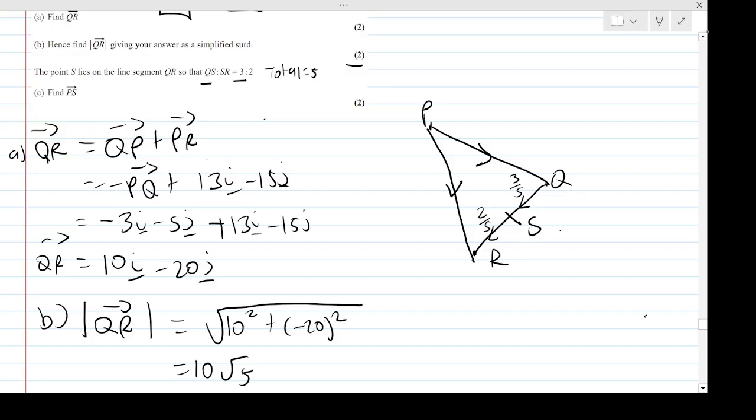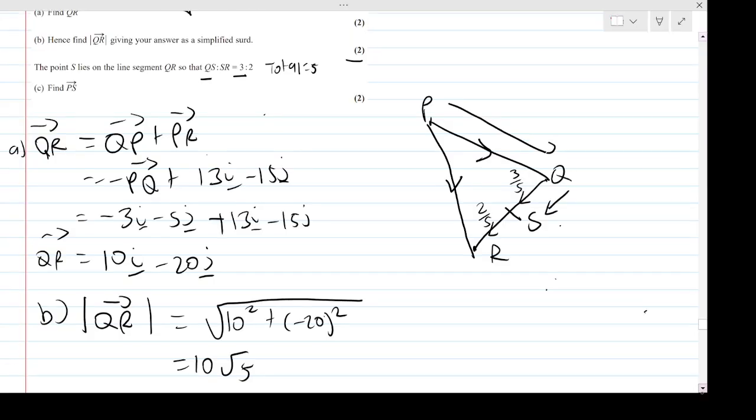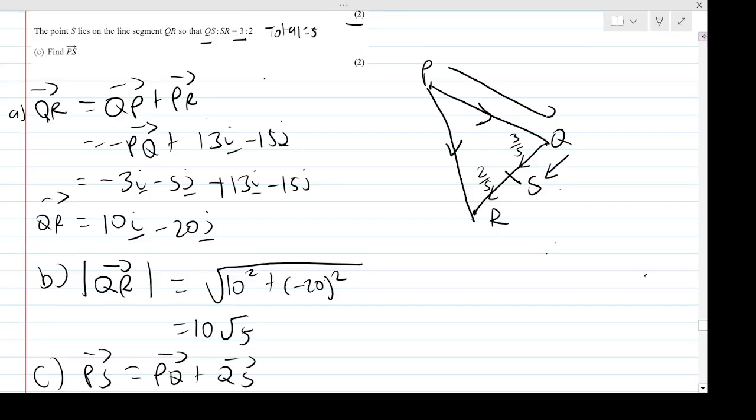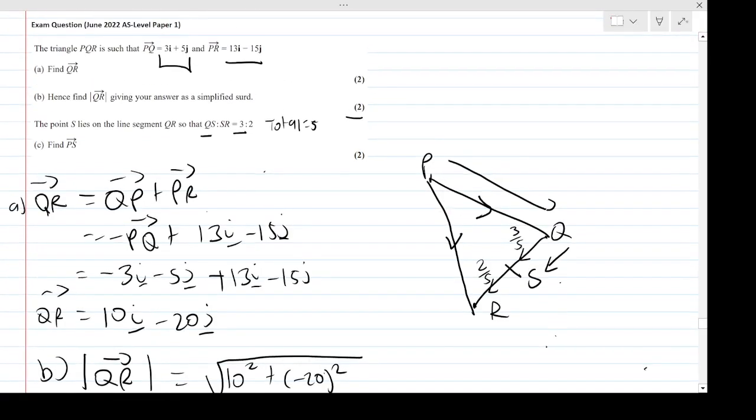Now, in this case, it's asking to find P to S, right? So P to S would be that vector there. I can't find that directly. I need to find another path. Well, I can go from P to Q and then Q to S. So PS is also PQ and then Q to S. Well, PQ I'm given in my question to be 3i and 5j.